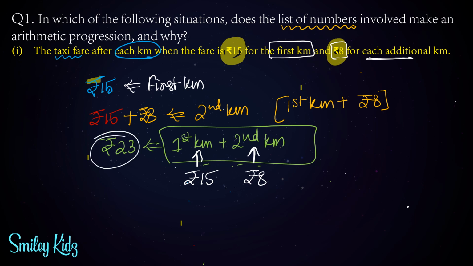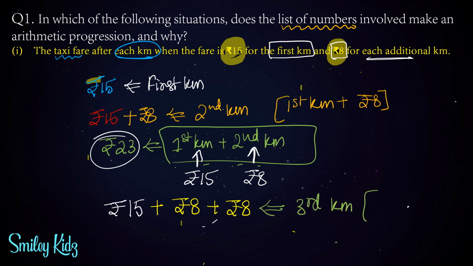Now, when we move ahead, my initial cost is rupees 15. Now, if I travel 3 kilometers, then it's going to be rupees 15 plus rupees 8 plus rupees 8. And what is this? This is the third kilometer.